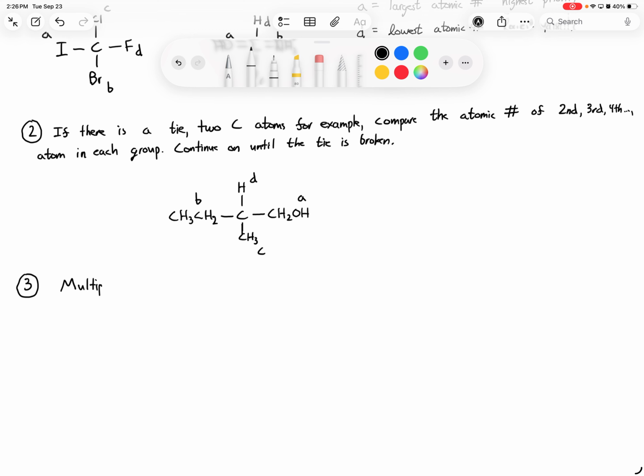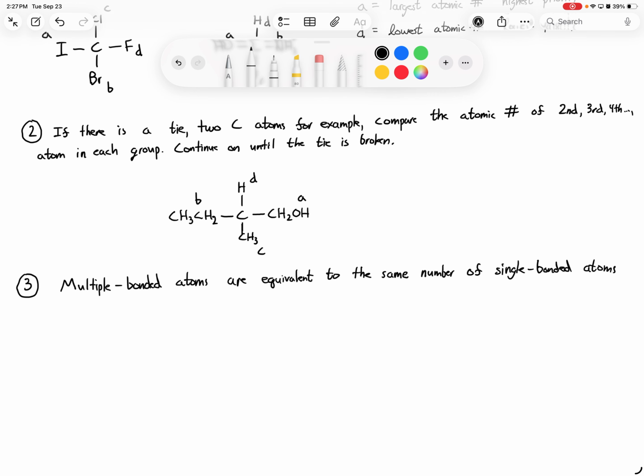Multiple bonded atoms are equivalent to the same number of single bonded atoms.